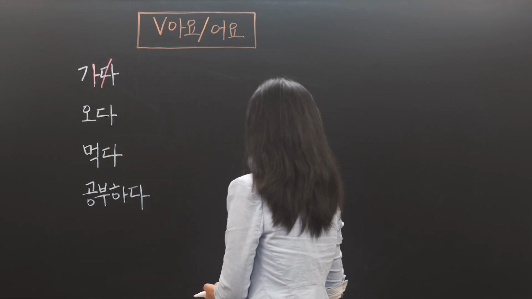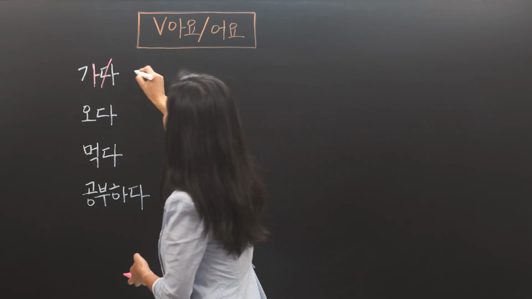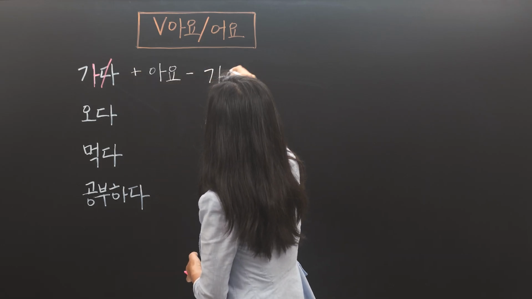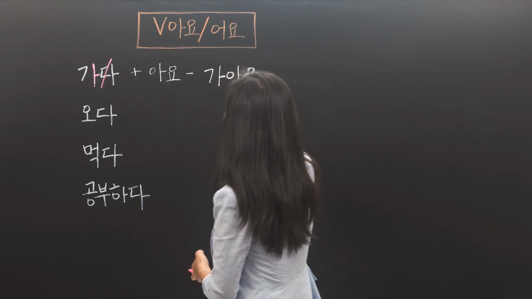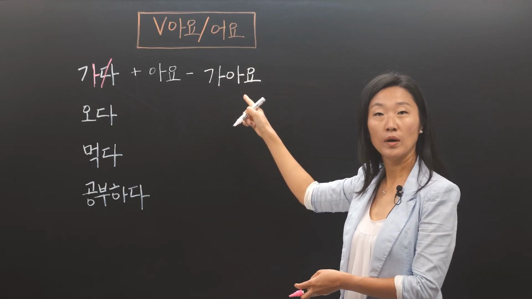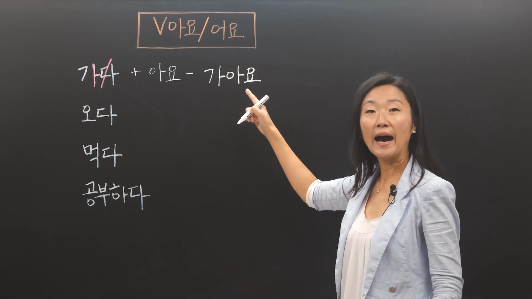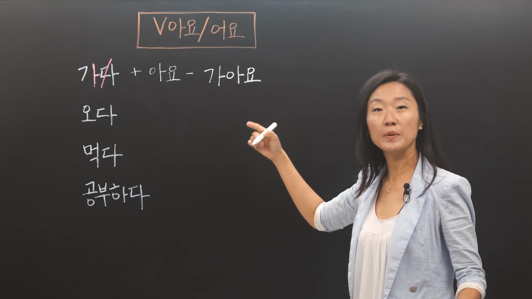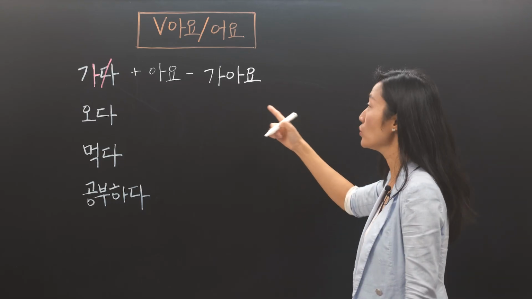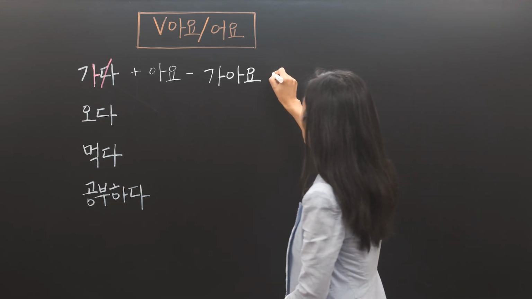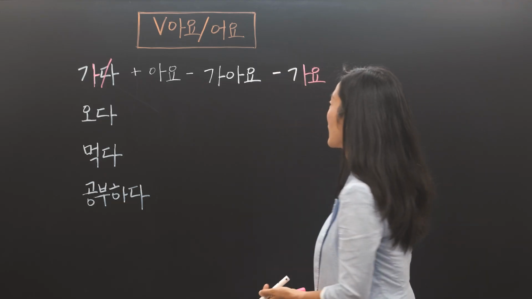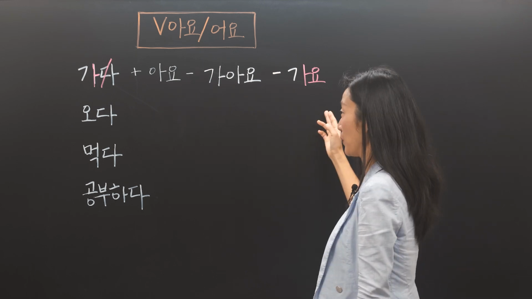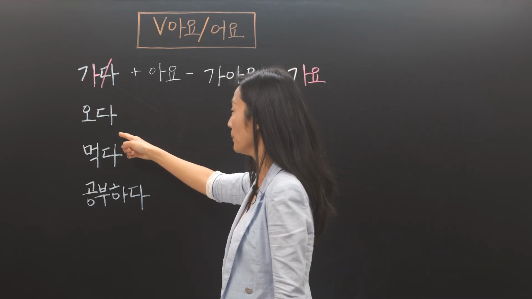So we add ayo. Right? Ka, a, yo. But having two a vowels together is redundant. So we simplify to 가요. 가다, 가요.